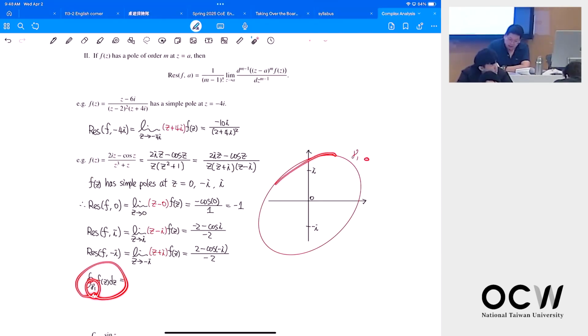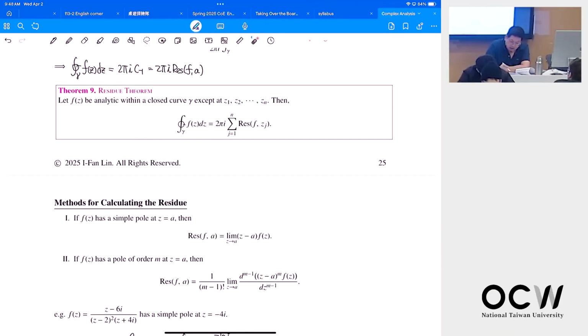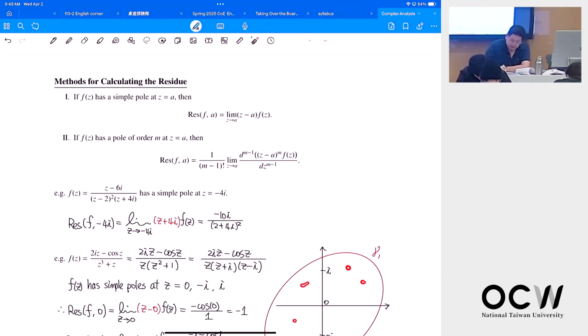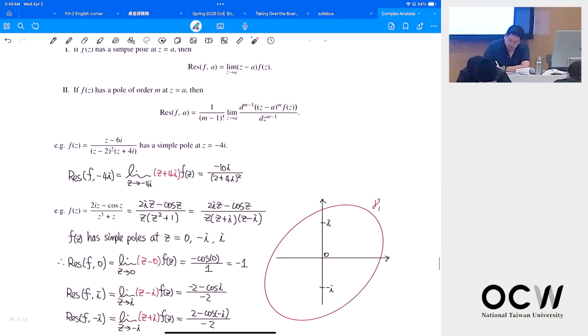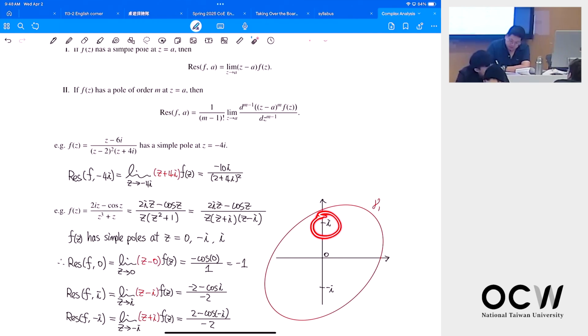Inside the curve, see the residue theorem, the function is analytic except at i, 0, and minus i, because they are poles and they will make this function go to infinity.